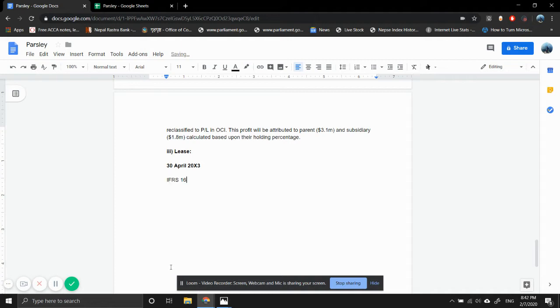IFRS 16 Leases says that lease liabilities are recognized at the present value of payments that are yet to be made.